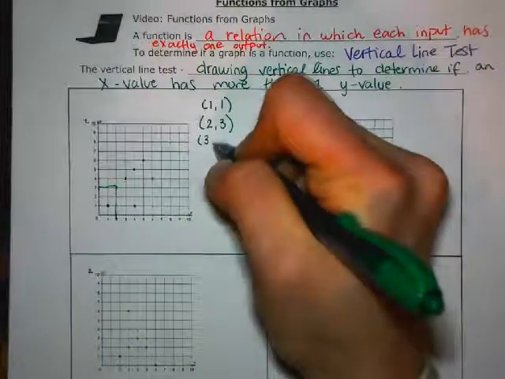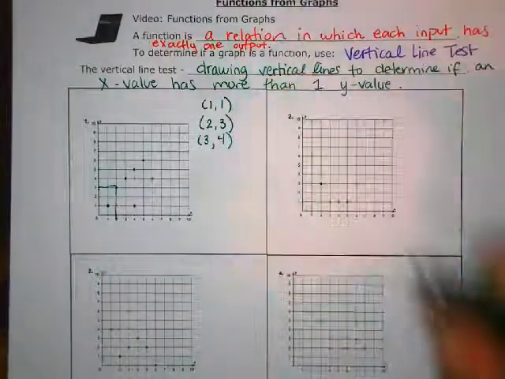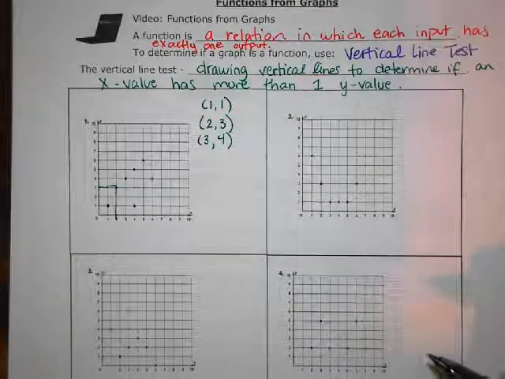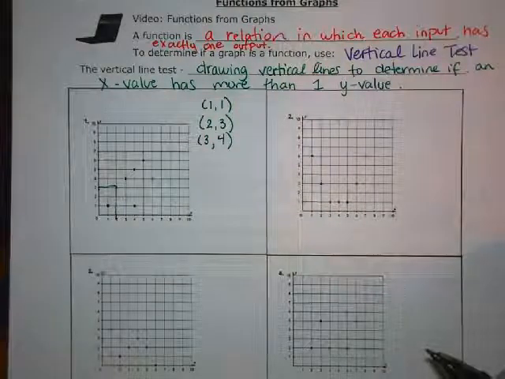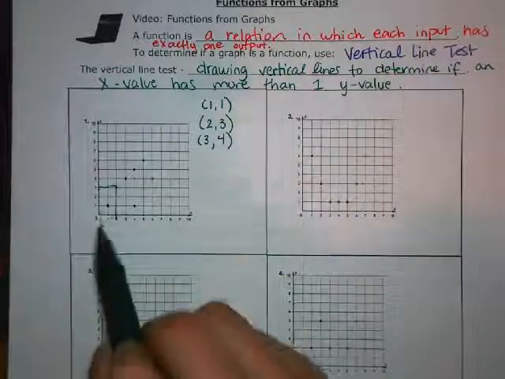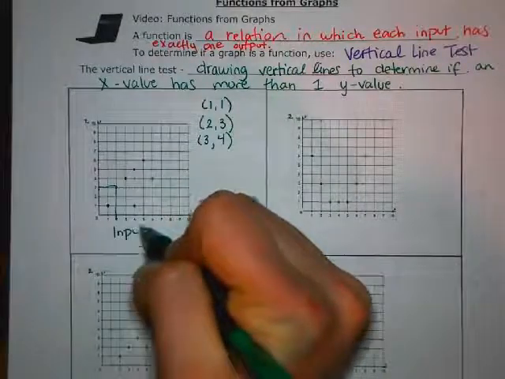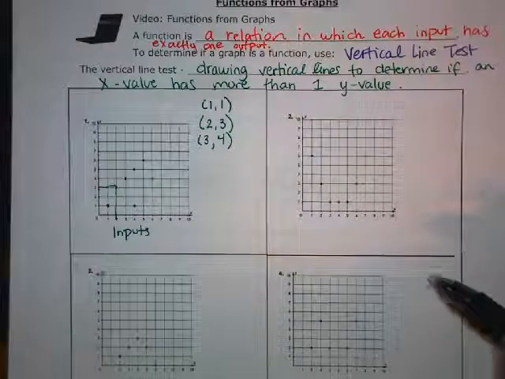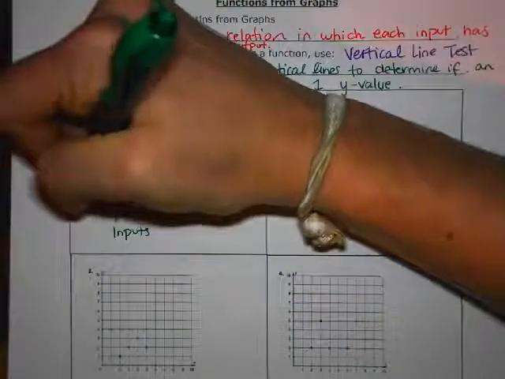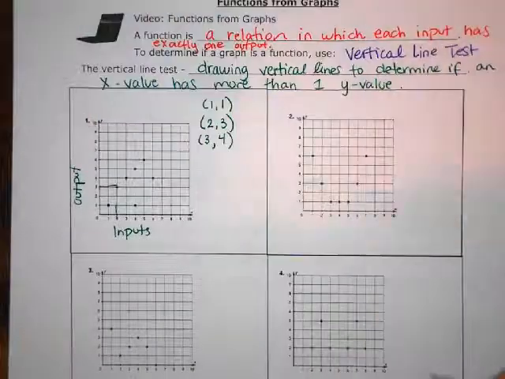So our point is 3, 4. It's the same thing, except now we're interpreting it on a graph. And we want these x values, which are our inputs, to have only one output, our y values.